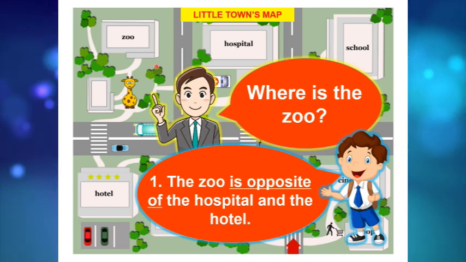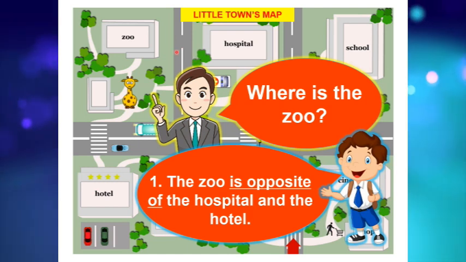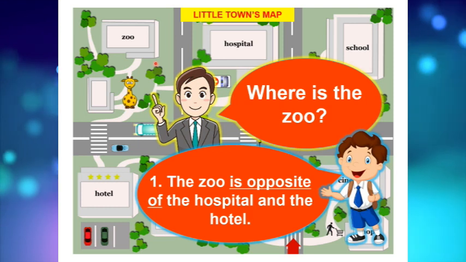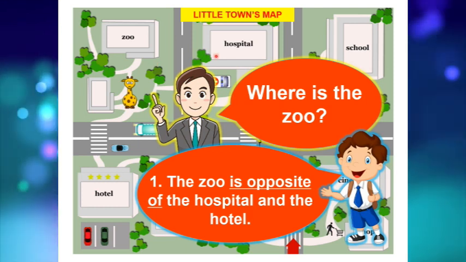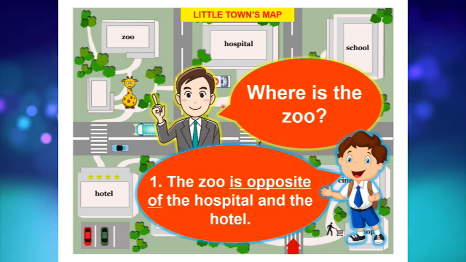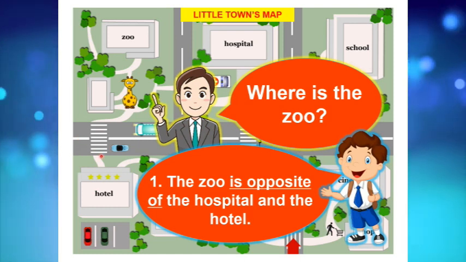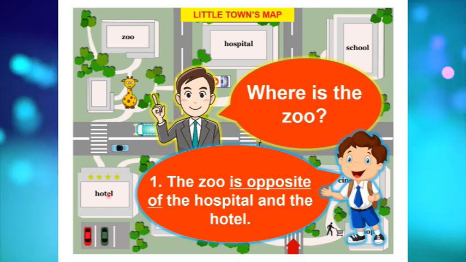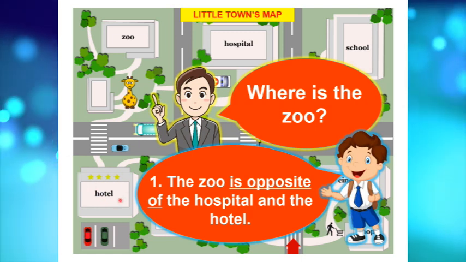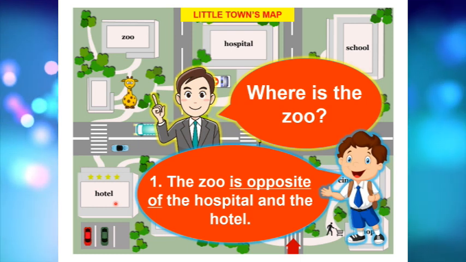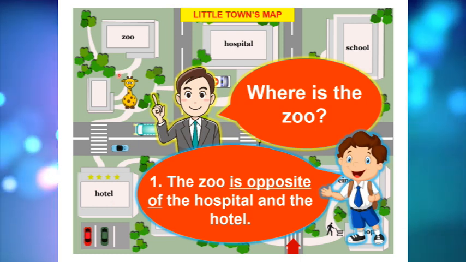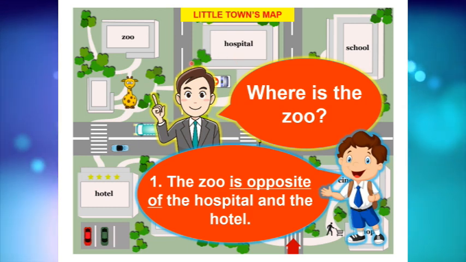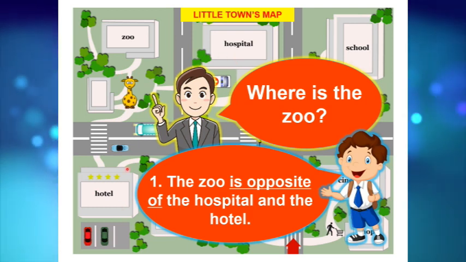So you need to cross that street in order to reach the hospital. So you say the zoo is opposite of the hospital, and down here you need to cross the road, and you can see the hotel or the 4-star hotel in this area. So you can say the zoo is opposite of the hospital and the hotel.